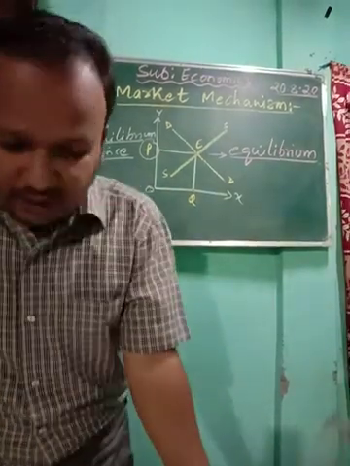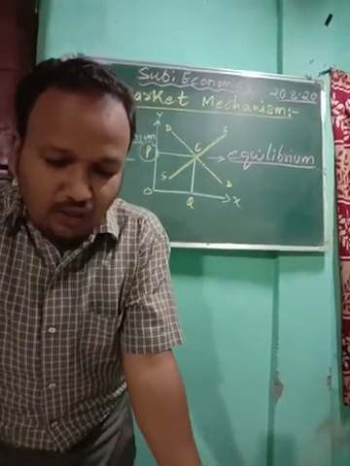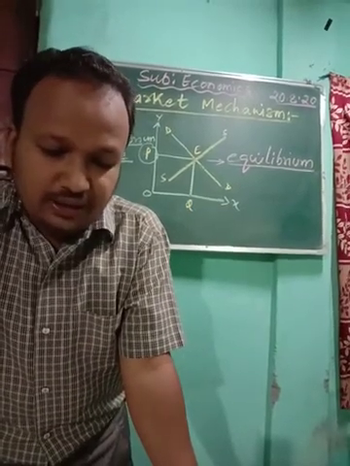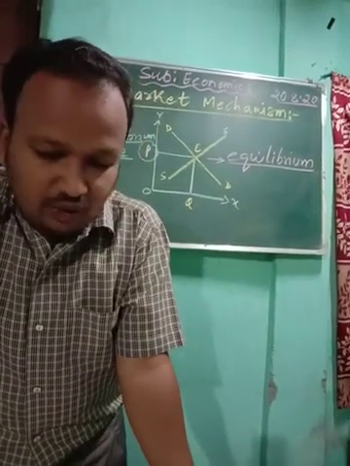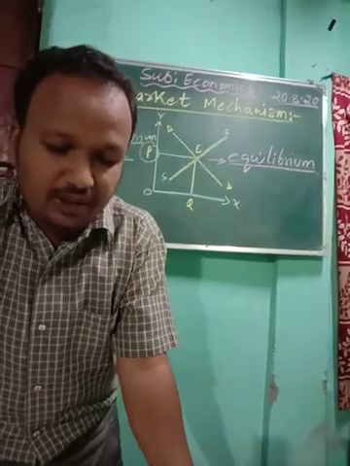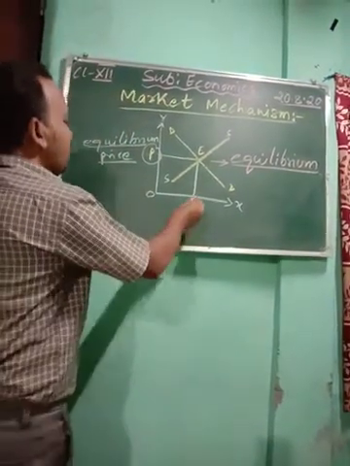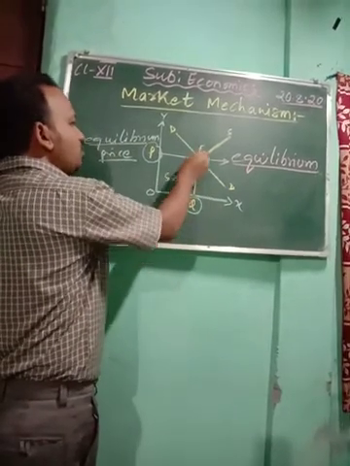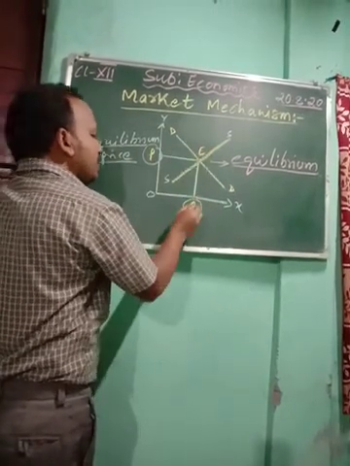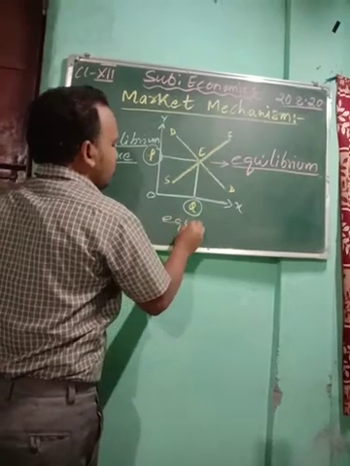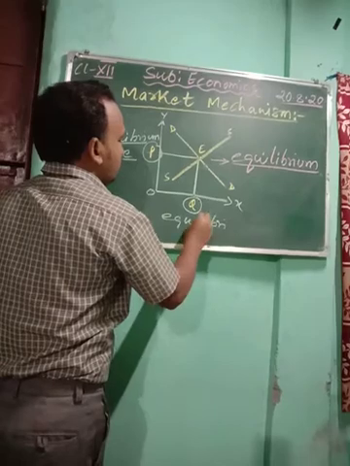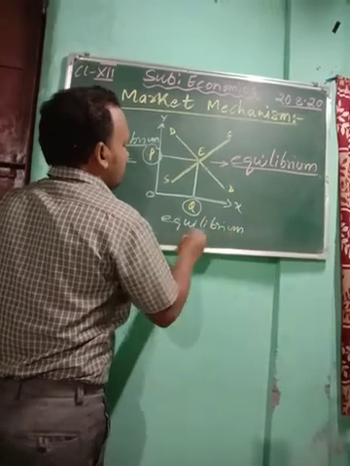And equilibrium quantity means the quantity at which the quantity demanded of a commodity is equal to the quantity supplied. So when the quantity of a commodity is such that demand and supply are equal, this quantity is known as equilibrium quantity.